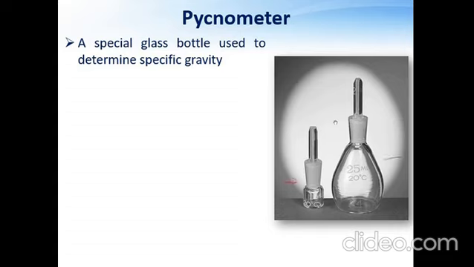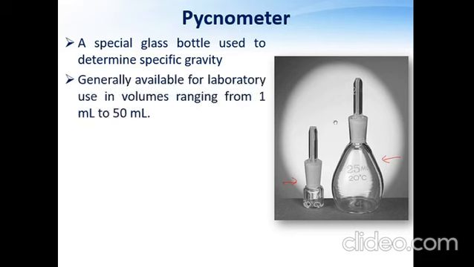Of course, different volumes. Pycnometers are generally available for lab use in volumes ranging from 1 ml to 50 ml. For the left one, it should be 1 ml. And if you can read the number here, the right one is 25 ml, but you can have an even larger one, 50 ml.